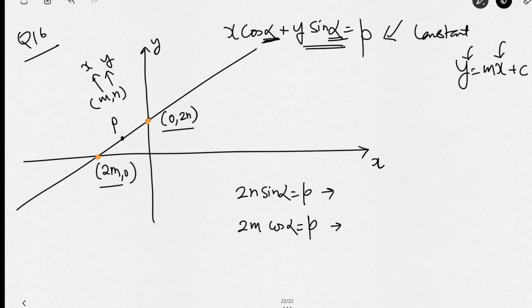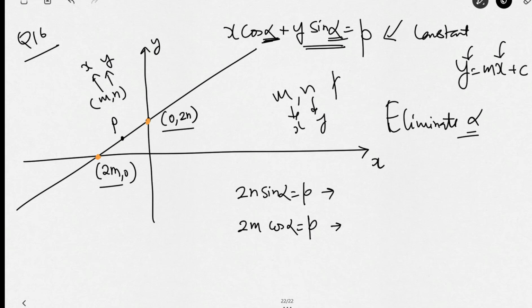Now we have to eliminate what? Eliminate alpha, right? Because the answer should be in terms of m, n, which ultimately are x and y, and what else is given? P. So it should have only m, n and p. How to figure that out? It's very easy.